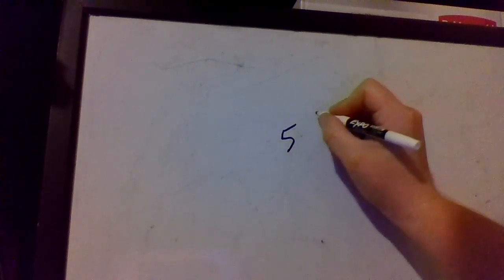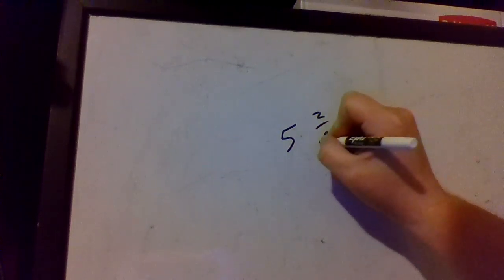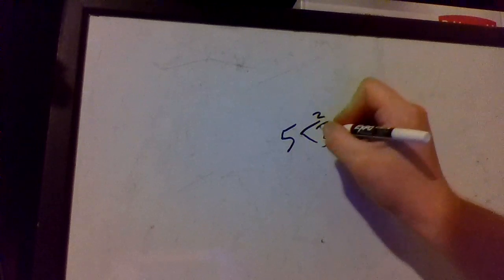So, just to review our lesson for today. If we have a mixed number, say 5 and 2/5, we're going to go here and here.